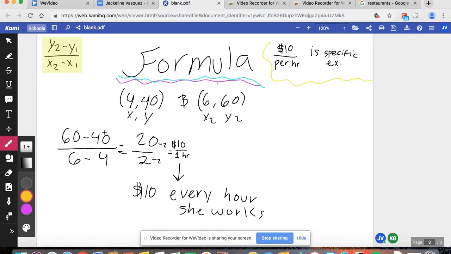So we do 60 minus 40, and then we get 20 for an answer. And then we do x2 minus x1, which is 6 minus 4 in these examples, and we get 2. And then after you get your answer, you are going to simplify it, and then you get the rate of change of 10 over 1, which explains $10 for every hour she works.